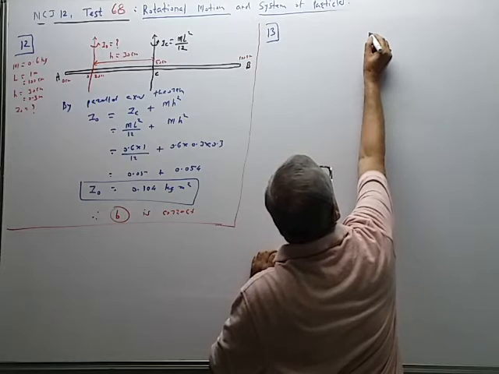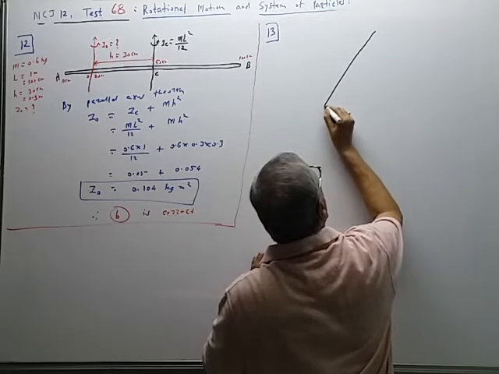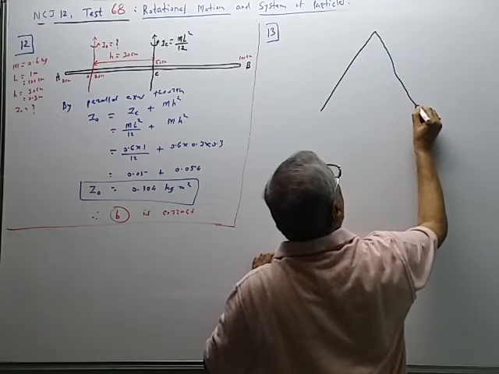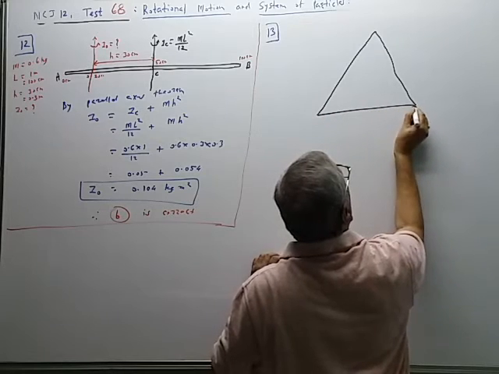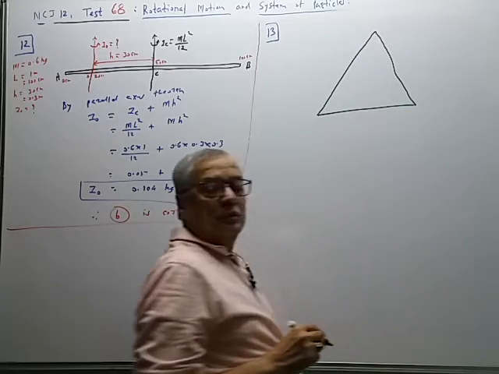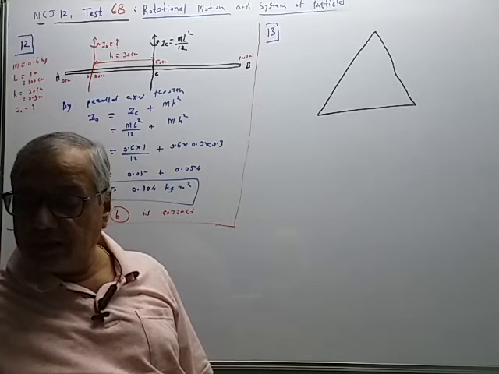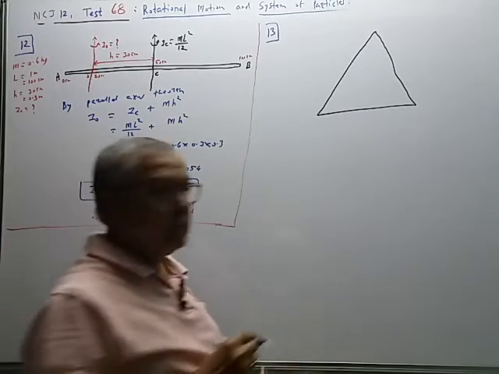So the geometry is like this. These are the three rods which are joined to each other. They form an equilateral triangle. The length of each side is x.